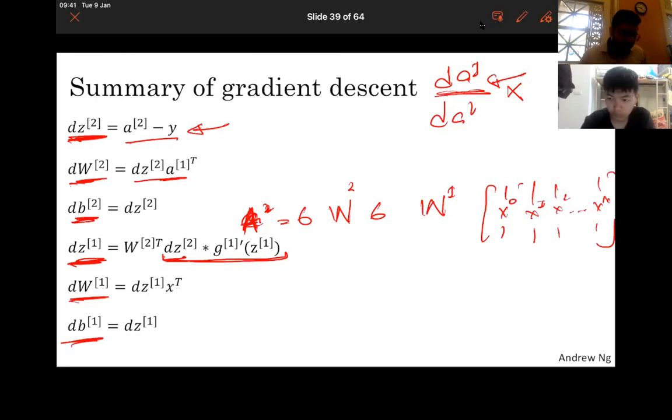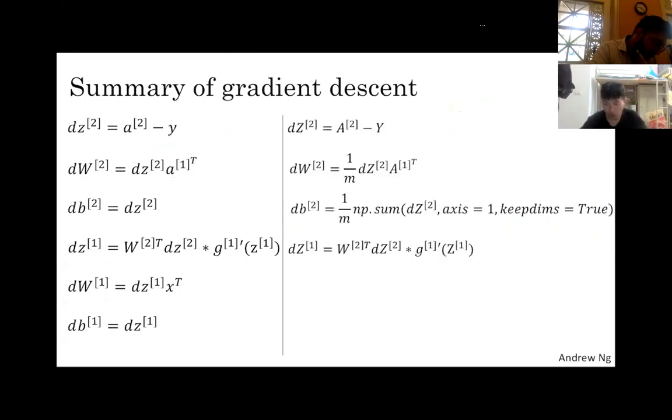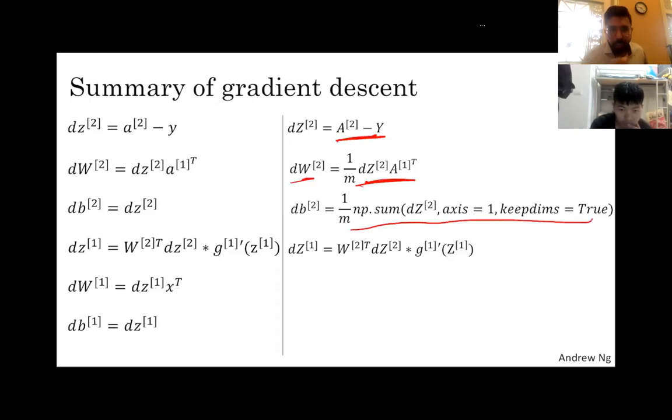Okay, so you see now these terms become matrices. So this becomes A2 minus Y. The derivative of the loss function with respect to W2 becomes DZ2 times A1 transpose. This is np.sum, it's basically a product with a unit vector, but let's write it like this.